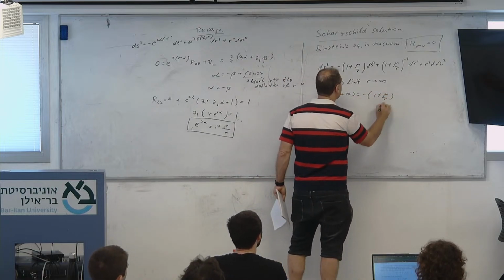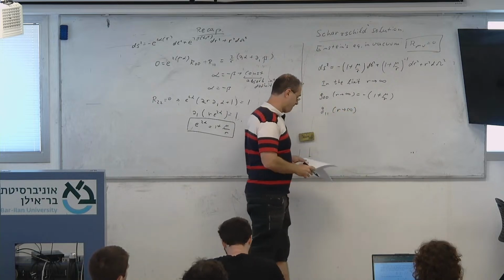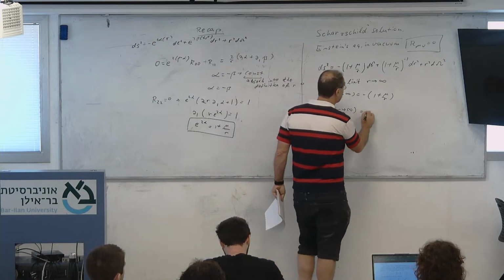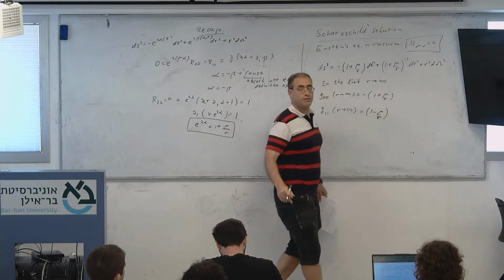That's 1 plus mu over r. g11 is 1 minus mu over r. Right, Taylor expansion, so power minus 1 here.